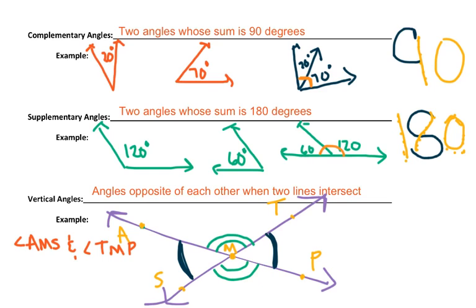Another pair of vertical angles are angle AMT and angle SMP. So vertical angles are across from each other. It doesn't mean they have to be up and down. They just have to be across from each other with lines that intersect. And that wraps up our vocabulary for topic 19.